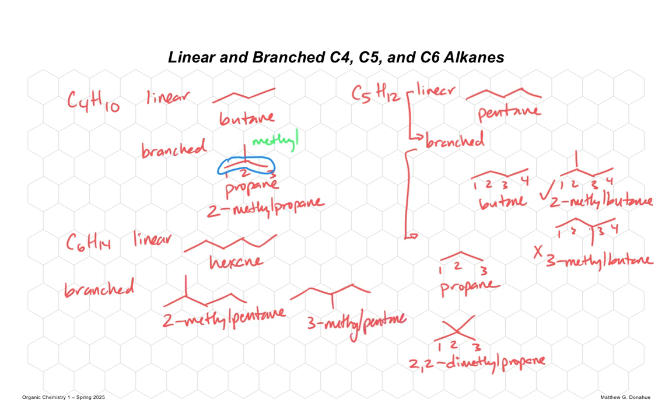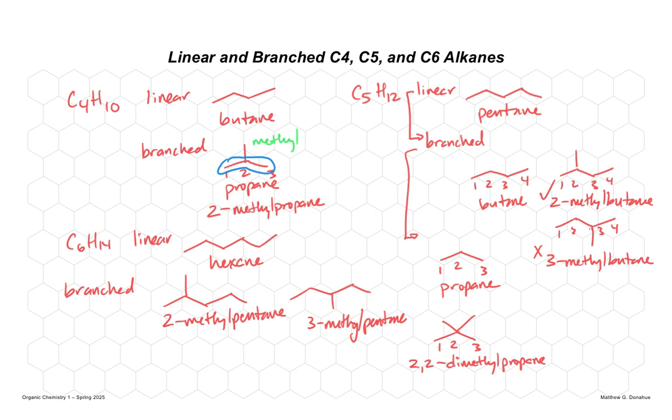Are there any more pentane derivatives we can draw? No, because 4-methylpentane is really just 2-methylpentane. When you look at the longest chain, there are 2 ways you can number it, from the left to the right or the right to the left.